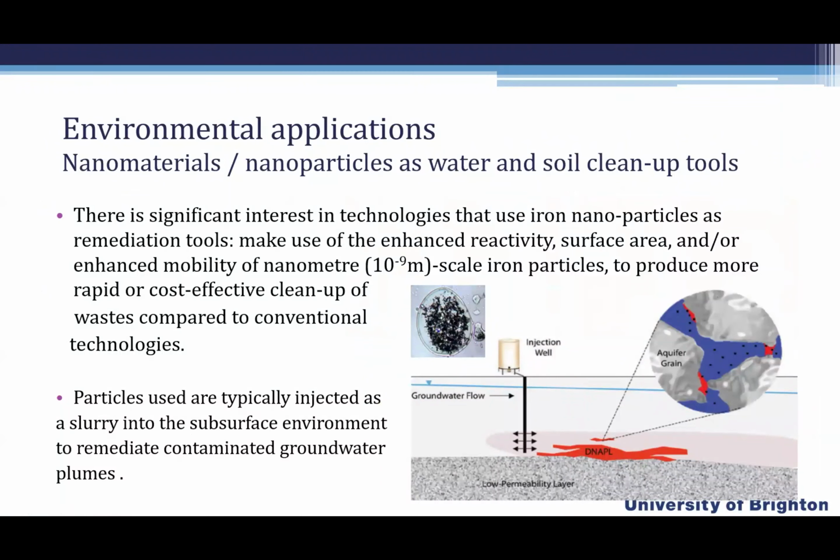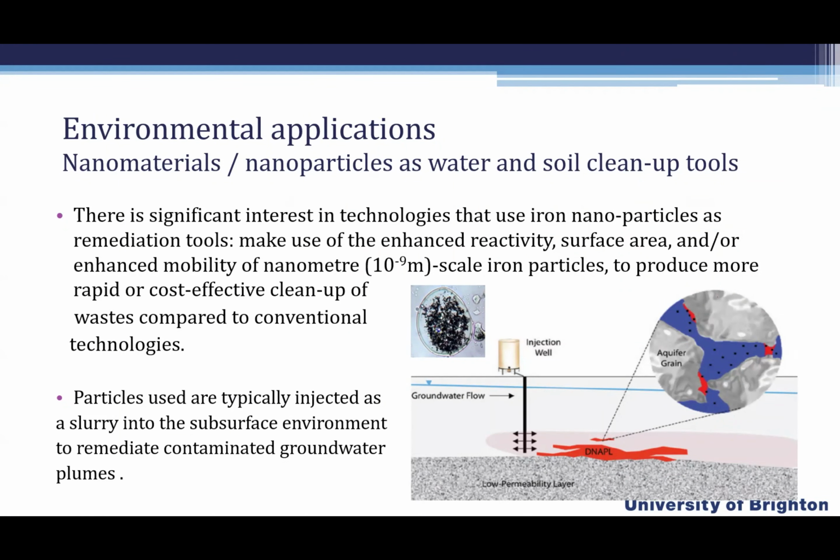So in other parts of application where the cryogels have been tested is environmental applications. And first, what we looked at was how to use the cryogels, just to consider using nanoparticles for the decontamination of contaminants in water or in the soil.